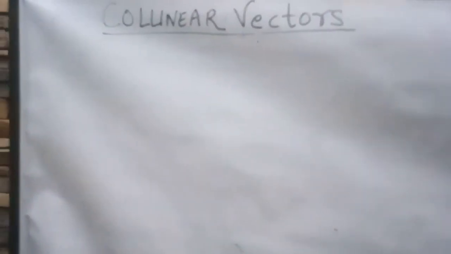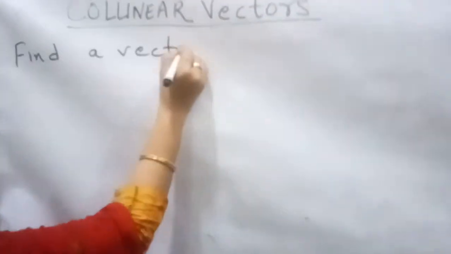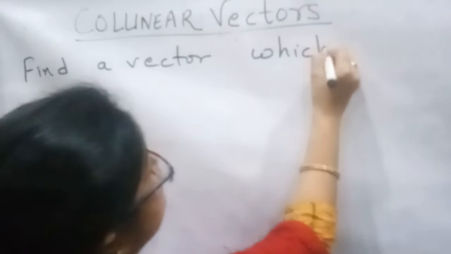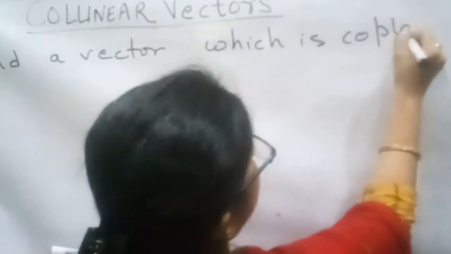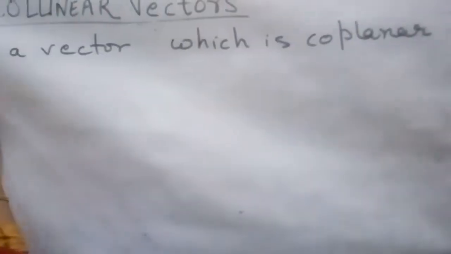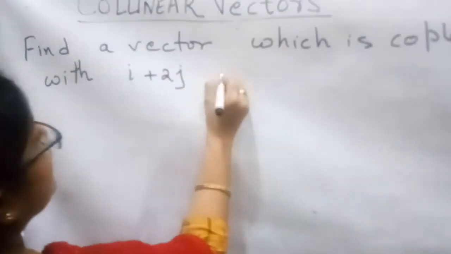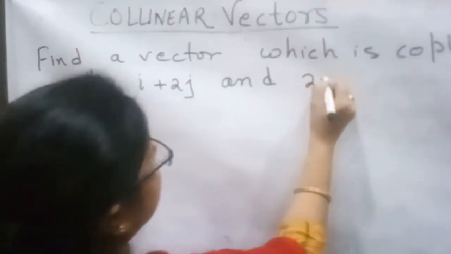Now we have the question in this way: find a vector which is coplanar with i plus 2j and 2i plus 3j.